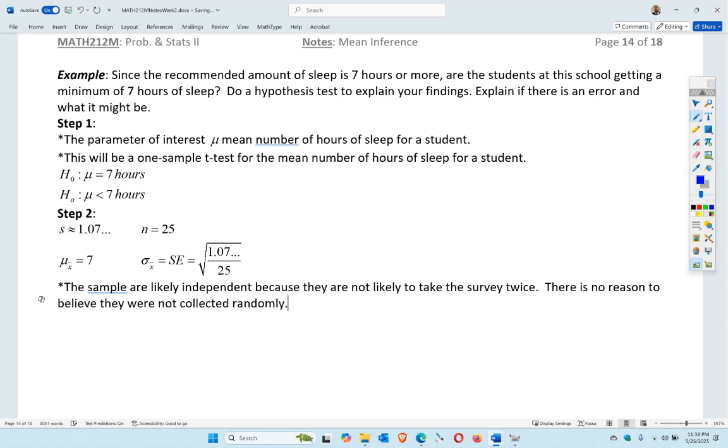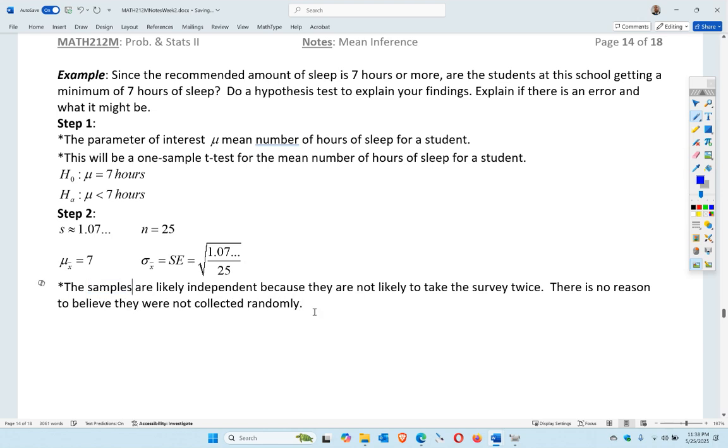Because they'd be independent and random. Okay, and then if you look at the data on the graph, the data appears to be unimodal and normal when you create a histogram.